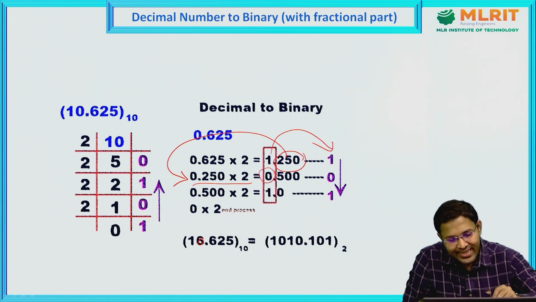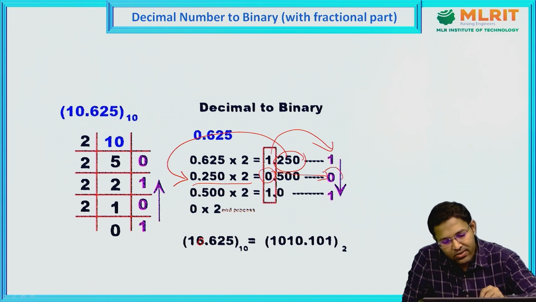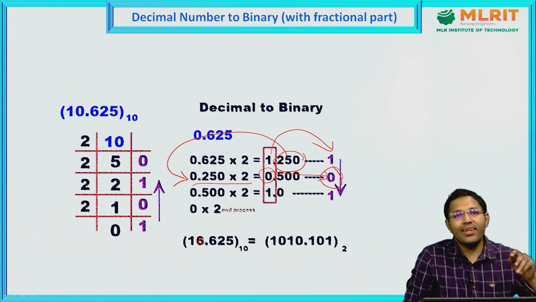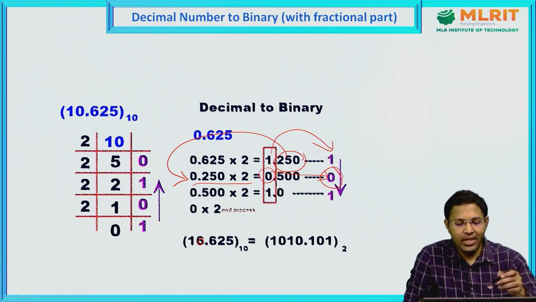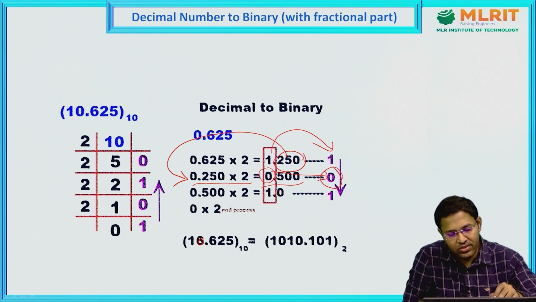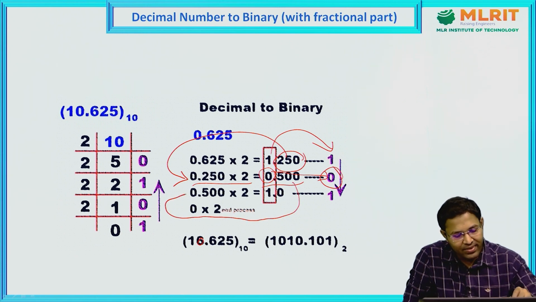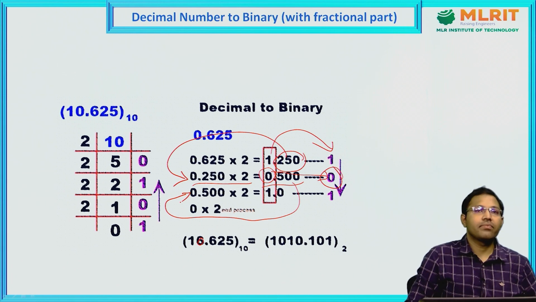So the same 0 we write down here. We are removing that 0, still no change in the value. So 0.5, we write it back here.